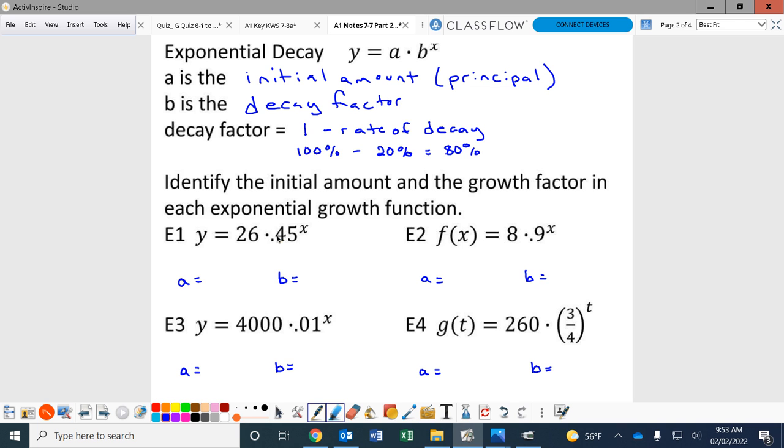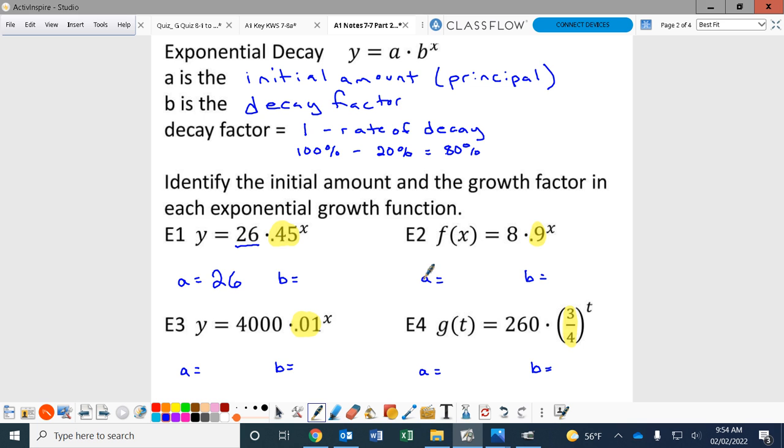Because look at these numbers: 0.45, 0.01, 0.9, and 3/4 are all less than what? 1. If they are less than 1, then it is going to be decay. It's making it smaller. Because of that, when we go through and identify these, it's really easy. Whatever's in front, that's your initial amount. That's A. 26. Boom. That's it. You're done.